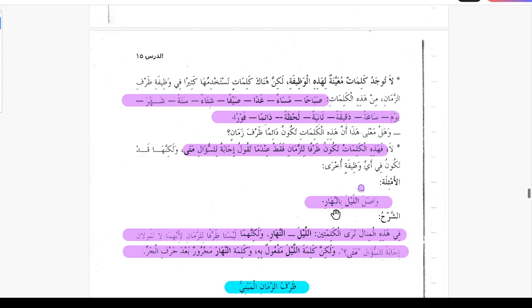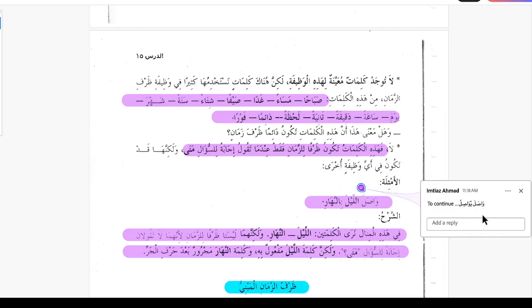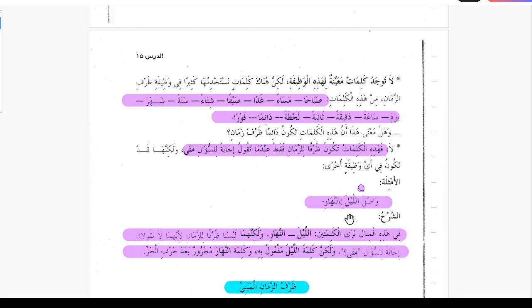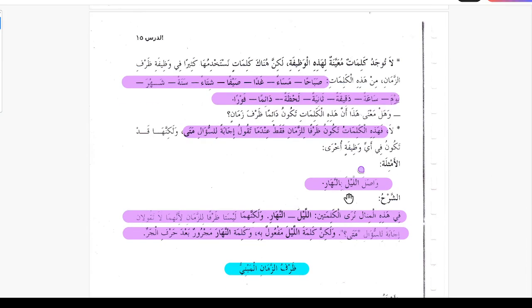"Wasala layla bi-n-nahari". Wasala, so this is the verb, wasala yuwasilu, to continue. He continued night and day. In this sentence, it does not give the answer of when he started.